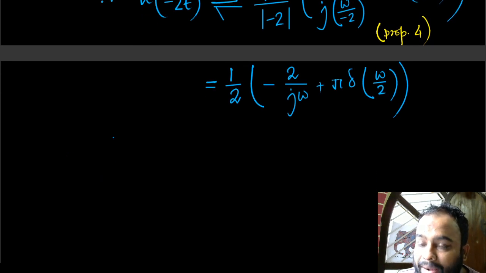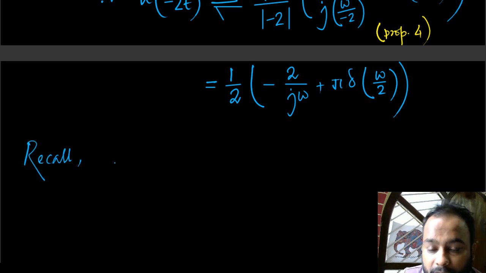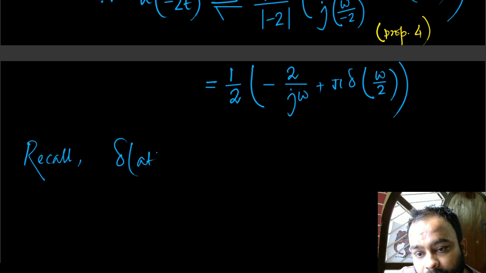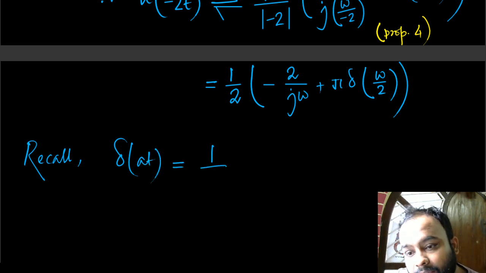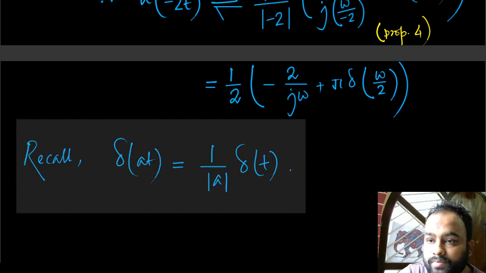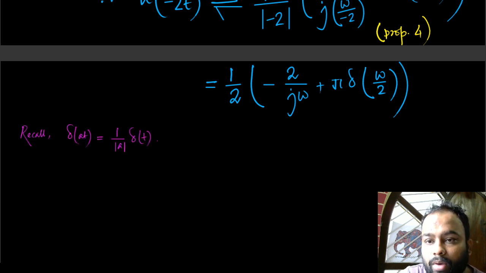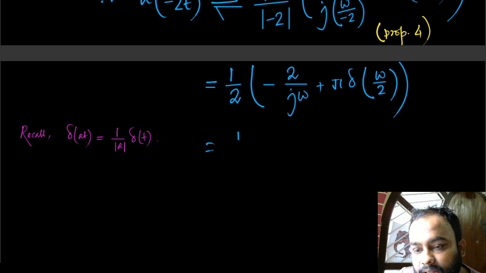But I can now apply certain properties of the Dirac delta. Recall delta of at is 1 by mod a times delta of t. If I use this property, then what do I get? This is half. Again, we did this in one of the physical classes.